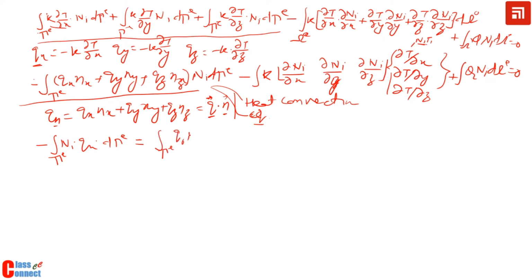One is the heat boundary condition, where we specify the heat in terms of q naught, the heat flux on any boundary, specified over this sigma, plus the convection term, that is h times T minus T infinity, again on the boundary Ni.